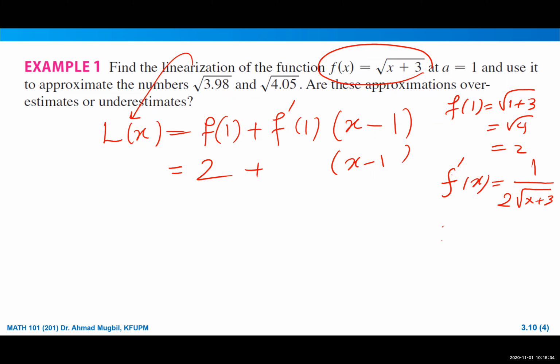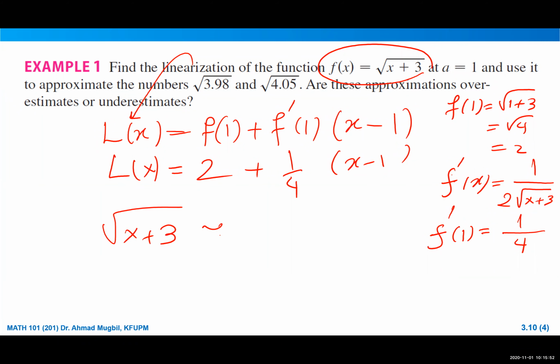Evaluate it at 1: 1 plus 3 is 4, the square root of 4 is 2, so it will be 1 over 4. This is the linearization. So now we can say that this function is approximately equal to 2 plus 1 over 4 times x minus 1 over 4. It is approximately equal to what?